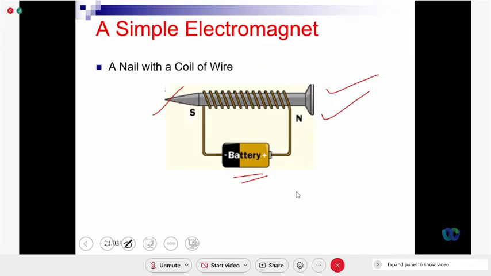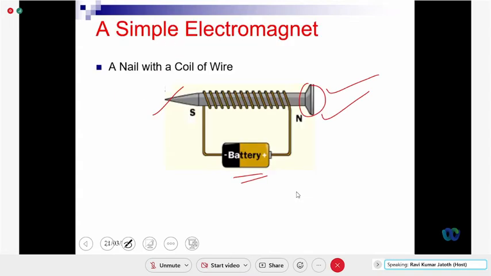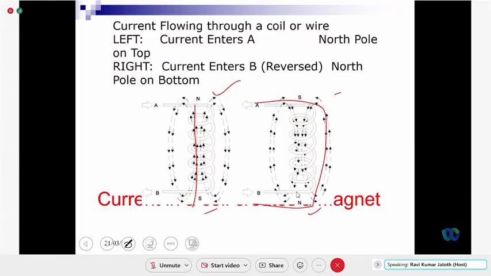What is the use of this nail? We call it the core. What is the use of the core? Here it is an air core, there is nothing, only air is the medium. But here, I'm introducing an iron nail. What happens to the magnetic field compared to this case?